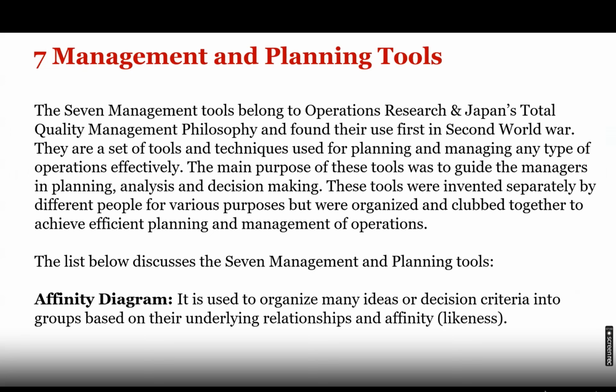One of them is the application of the 7 management tools. Affinity diagram is the first one, otherwise also called the KJ method. It is used to organize many ideas or decision criteria into groups based on their underlying relationships and affinity.